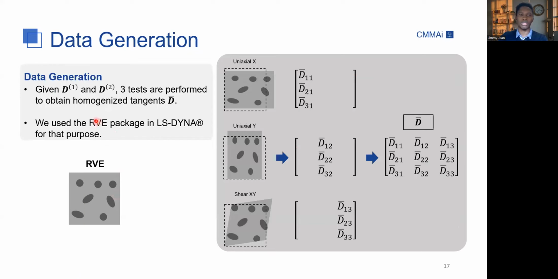Then for generating the homogenized compliance matrices that we will use to evaluate the prediction of our model, we've performed 3 sets of tests on our RVEs. From those 3 sets of tests, we are then able to construct our homogenized compliance matrices. To do that, we've used the RVE package from LS-DYNA.